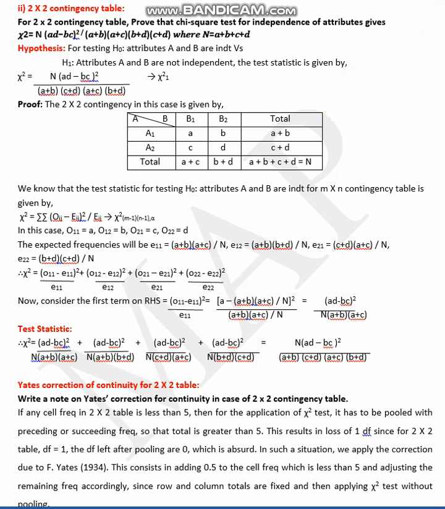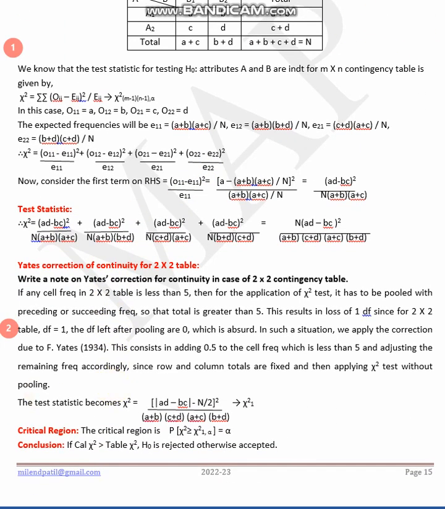The test has, as the first step, hypothesis testing. Step number 2 is test statistic. Step number 3 is the critical region, and the fourth step is my conclusion. So in this way we are doing all these testing procedures.